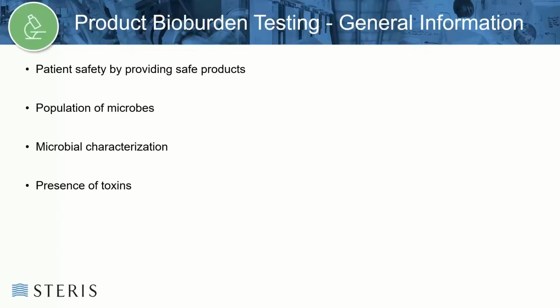There are varying degrees of characterization that can be performed, which will be presented later in this discussion. Monitoring and characterization of bioburden can give additional insight to the potential presence of bacterial endotoxin. Bacterial endotoxins can affect patient safety for certain device types, even after the product has been sterilized.